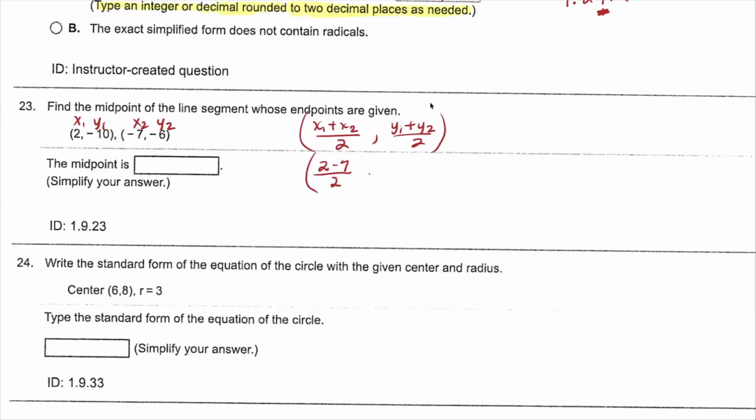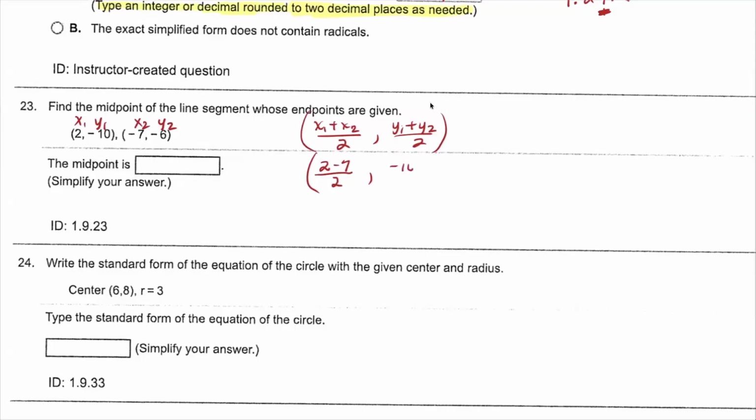I'm going to come back and simplify that. That's going to be the x value of the midpoint. X value. This is not an equation. This is a point that we're trying to identify, an x and a y value. Then y1 is -10. Y2, -6. So it's really -10 minus 6 over 2.